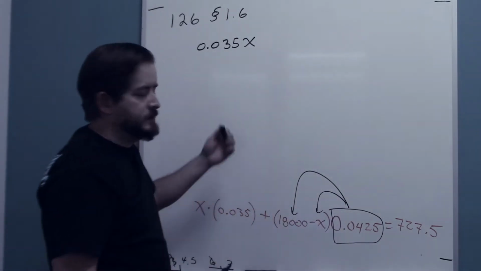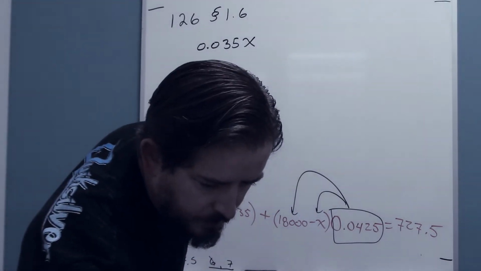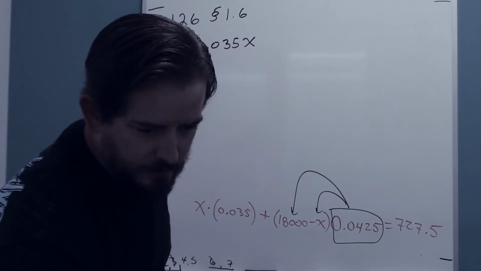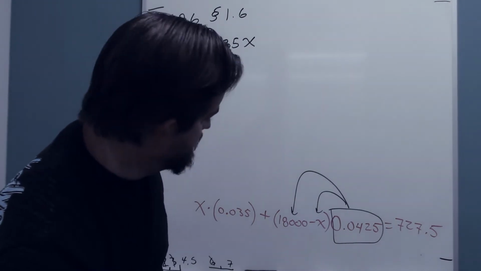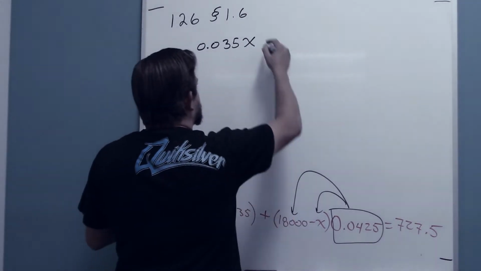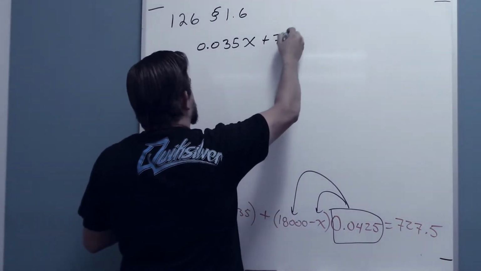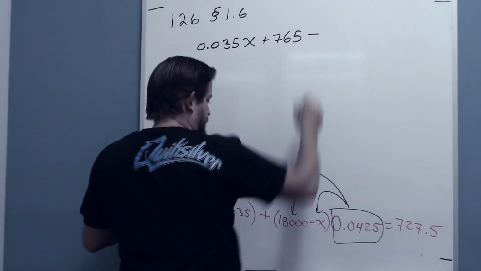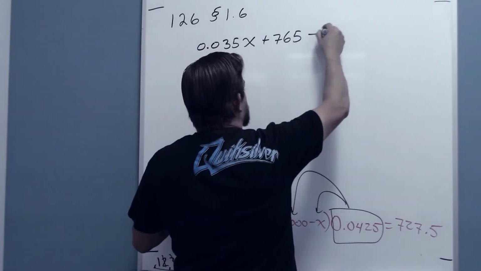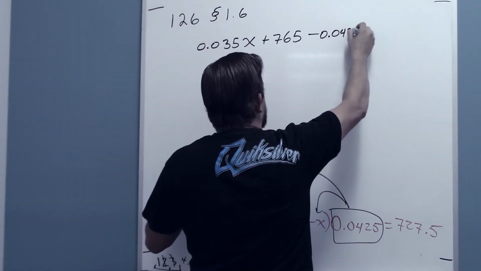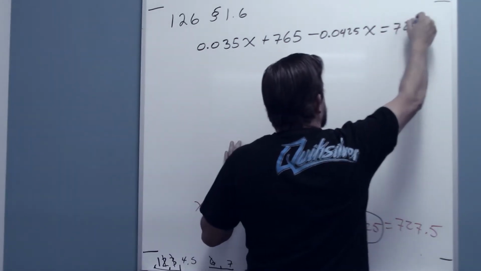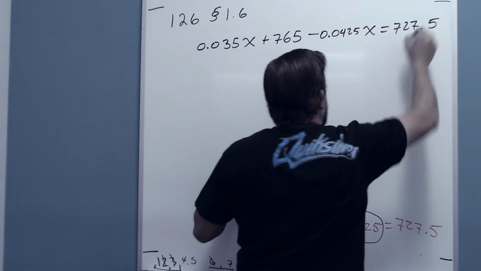So I will, because it's easy to do that. 18,000 times 0.0425 gives me 765. And then it's minus that 0.0425 times x. So 0.0425x equals 727.5.